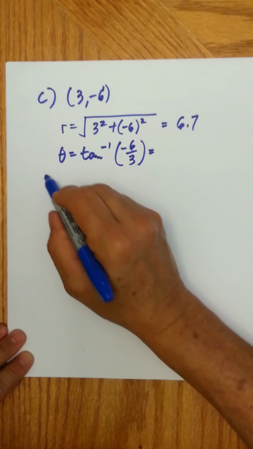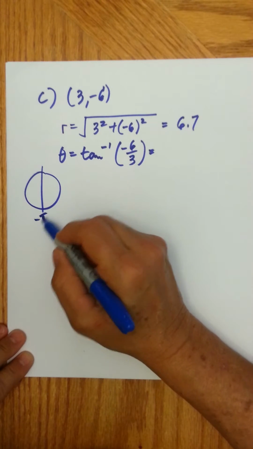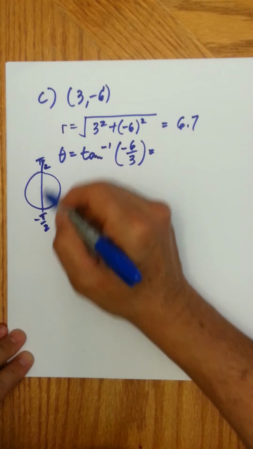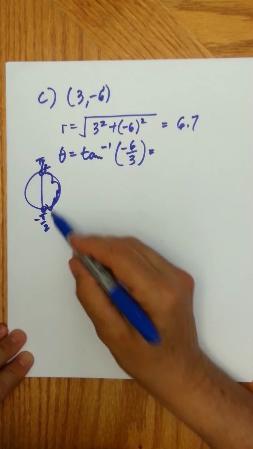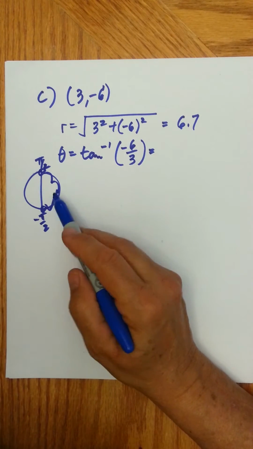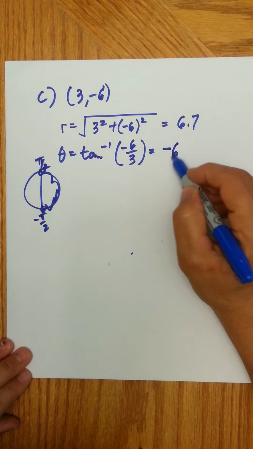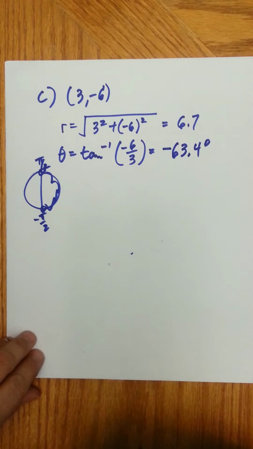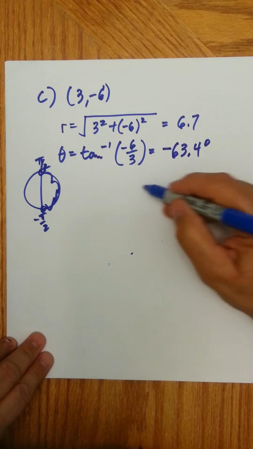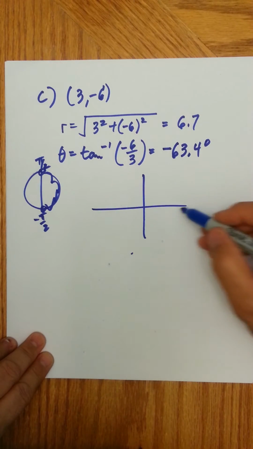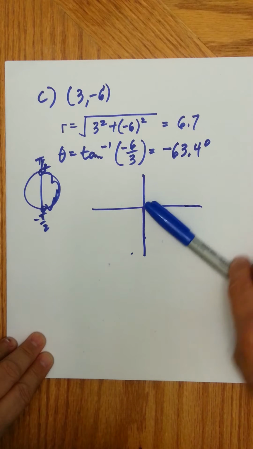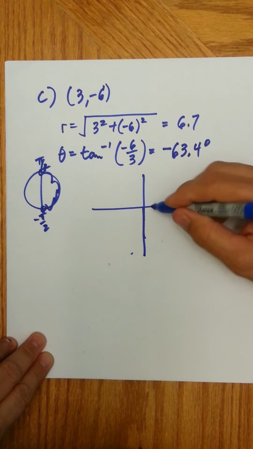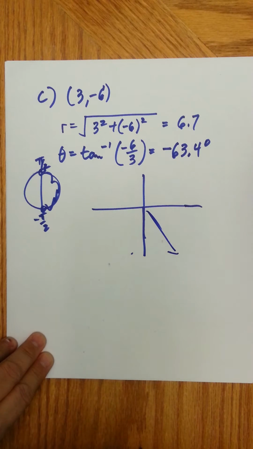And again, remember, theoretically, the calculator is only allowed to give us an angle between negative pi over 2 and pi over 2, so it's going to give us a negative angle somewhere in here. And it gives us negative 63.4 degrees. Right? Now, let's take a look and see what's going on here. So we're told we rotate negative 63.4 degrees, so something like this, right?